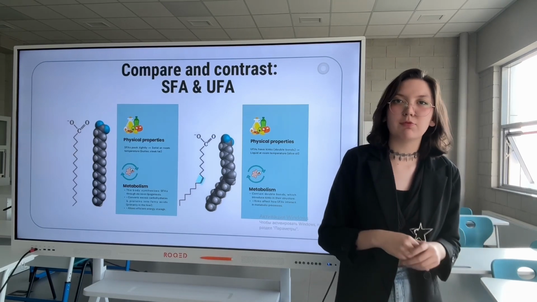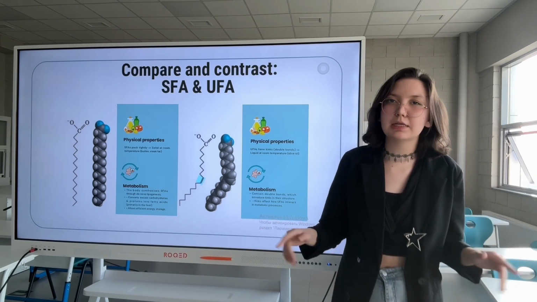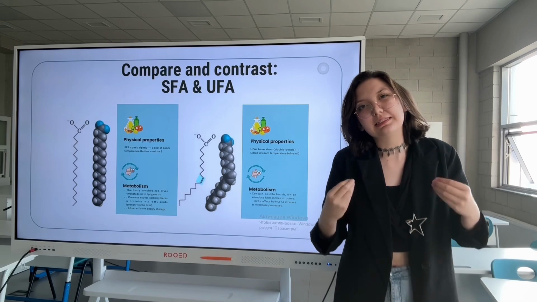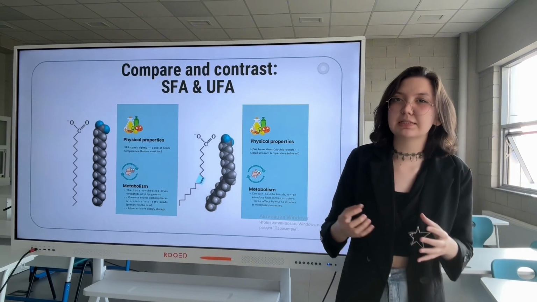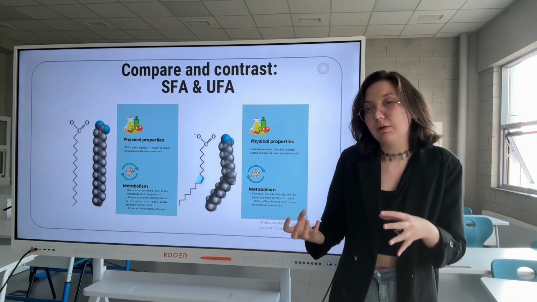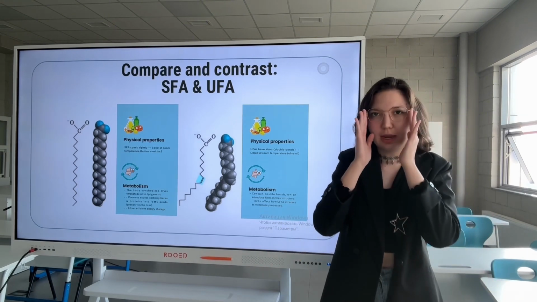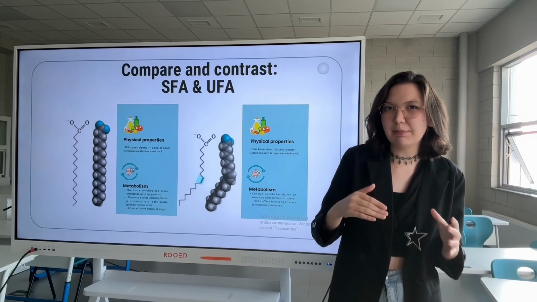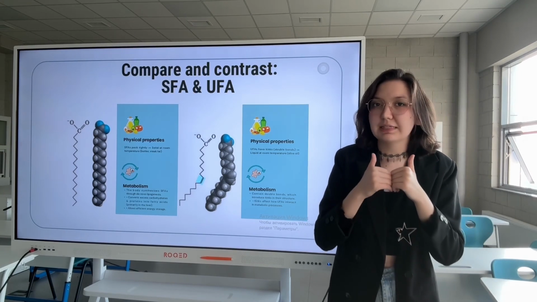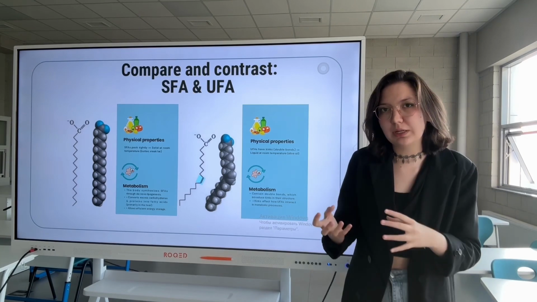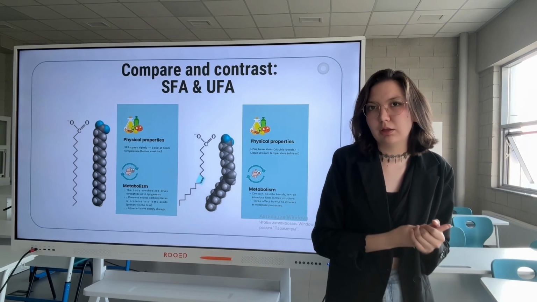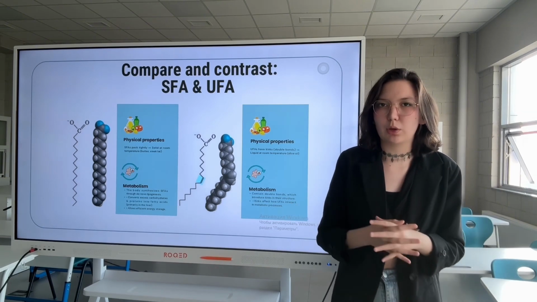The straight line represents saturated fatty acids, allowing the molecules to pack very tightly together. This tight packing is what makes saturated fat solid at room temperature, like the fat in a steak or maybe butter. On the other hand, the kinks introduced by double bonds in unsaturated fatty acids prevent them from packing as efficiently, making them liquid at room temperature, like for example olive oil or sunflower oil.